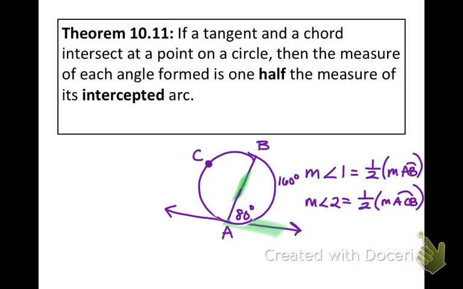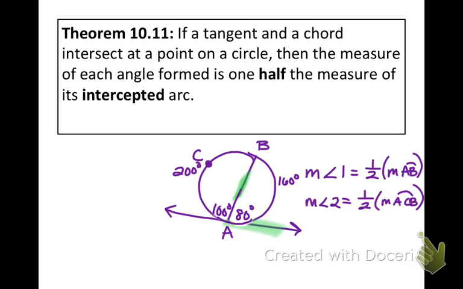How many degrees around the whole circle do I need? 360. So what's left over for the rest of the circle? 200. So if this arc over here on the left is 200, what does that angle then need to be? 100. What do you notice about angle 1 and 2? They're supplementary. They make a linear pair. See how that works?